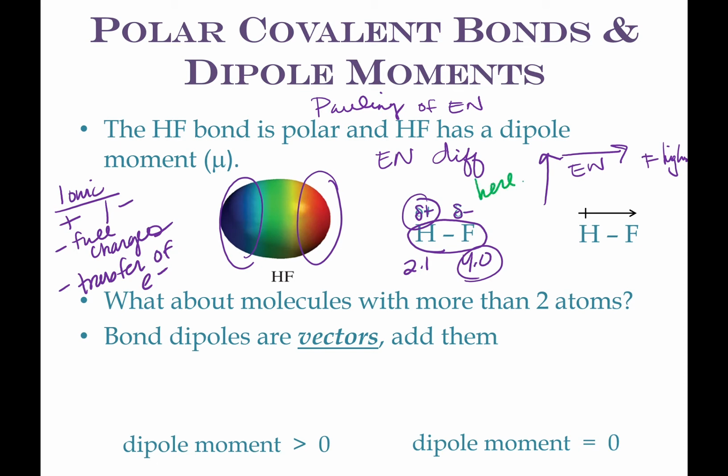Here, these are not full charges. It's an unequal sharing, but they're still sharing the electrons. So since they're still sharing, these are partial charges. So there's not a real transfer of electrons. It's just they're not being shared equally. So we have these partial charges here, and we need to be able to write those.